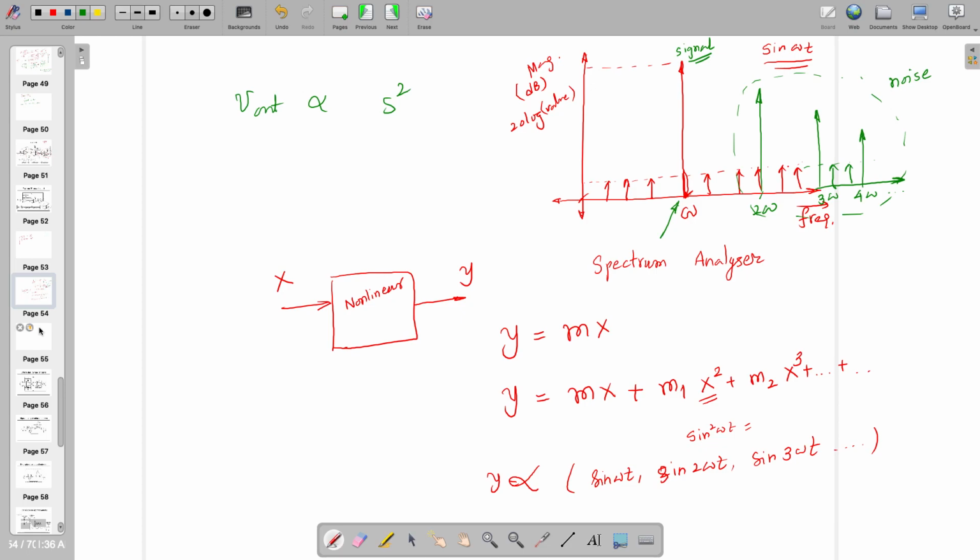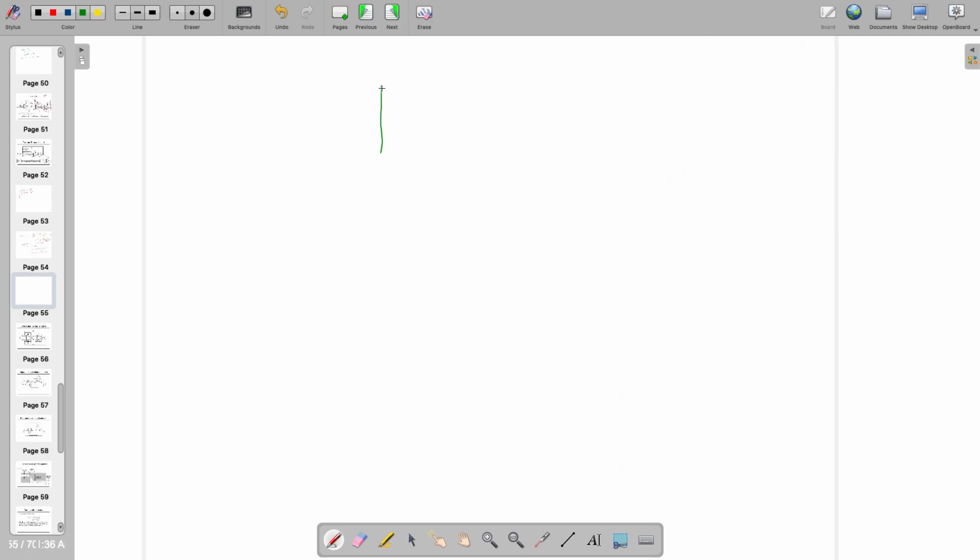So what I am proposing, let's have this non-linear circuit exactly, do control C and control V, keep it here exactly the same. If it has one input, let's keep one input, one output, one output.